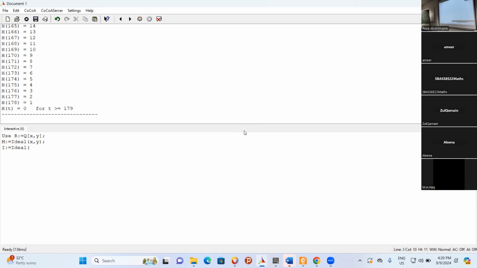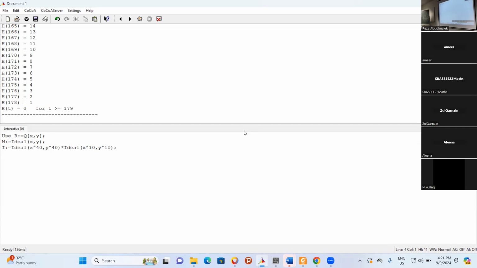Let's first try this one: x to the power 40, y to the power 40, multiplied by the ideal x to the power 10, y to the power 10.